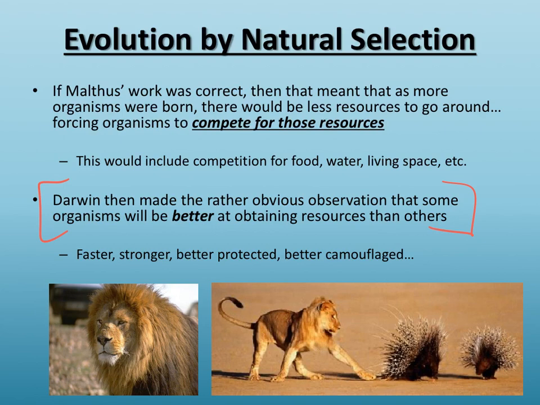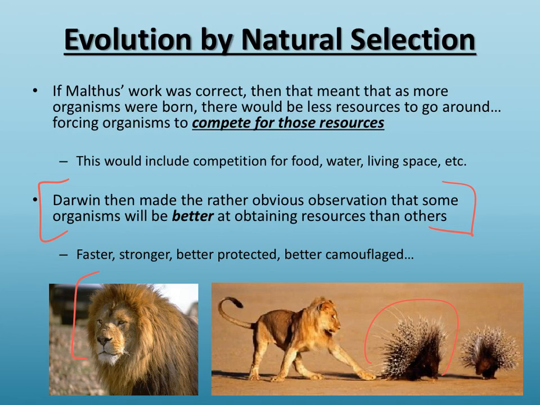Now, I like to bring this up too. I also love lions. I think they're really cool to look at the zoo and things. And you would think lions, the king of Pride Rock here, king of the jungle, are the greatest things because they're so big and strong and fierce. But actually, these desert porcupines are just as dominant in Africa as lions, because lions learn not to mess with them, as you can see in this picture.